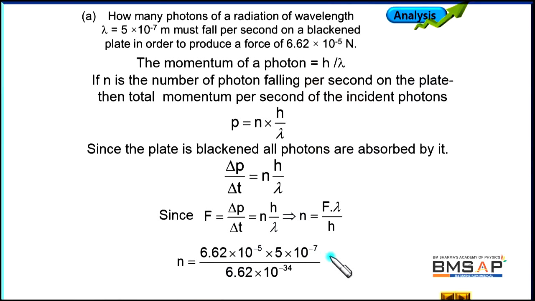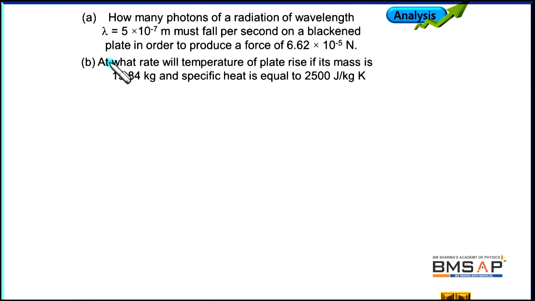So, after calculation we will get the value, it is equal to 5 × 10^22. This is the value of small n, that is the number of the photons incident on the plate per second. Let us move to the second part of the question. This is the second part of the question.